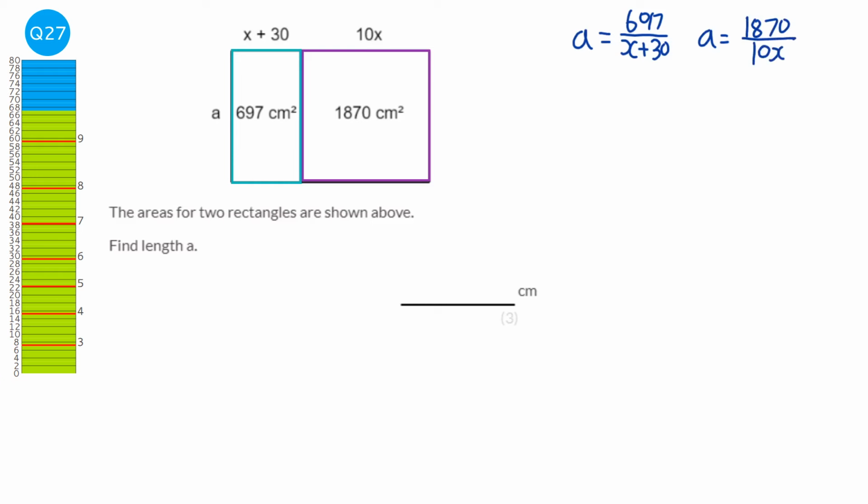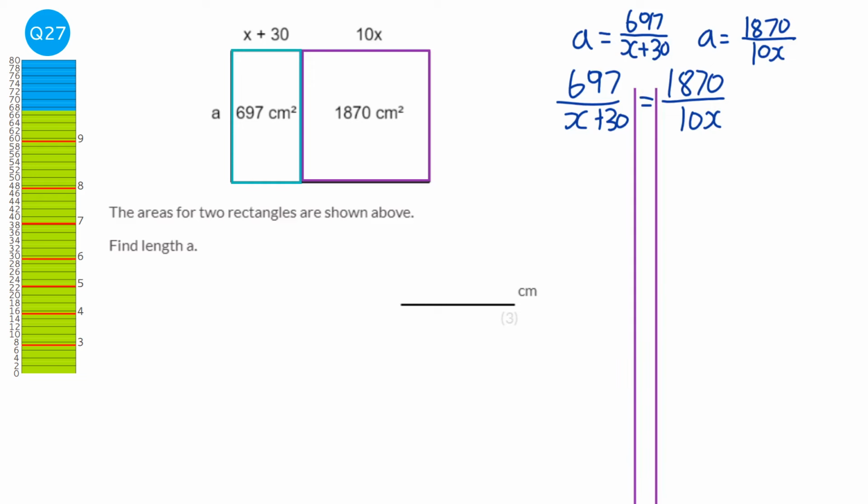Now because both of these are equal to A, we can actually just get both of these fractions equal to each other. And what we can do is work out what x is going to be. So first thing I'm going to do is put my lines in because we are looking to solve. This is probably going to take a while.